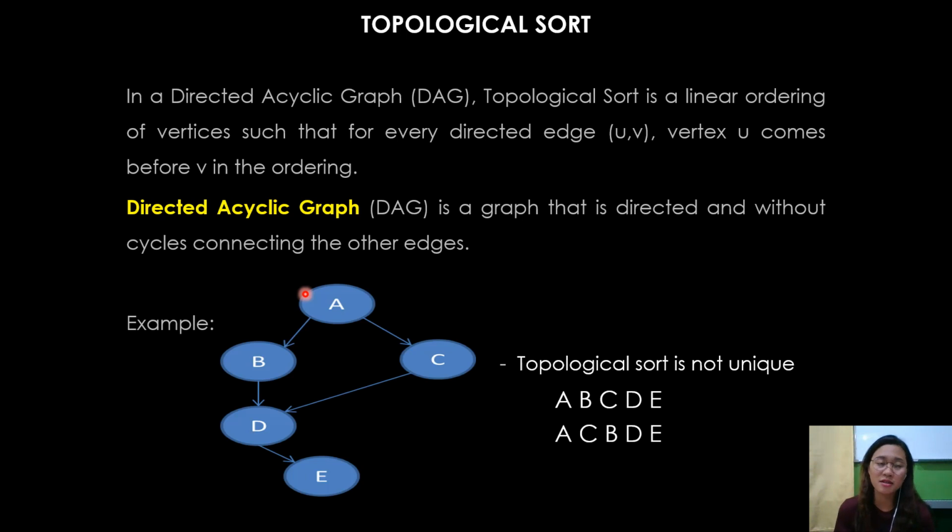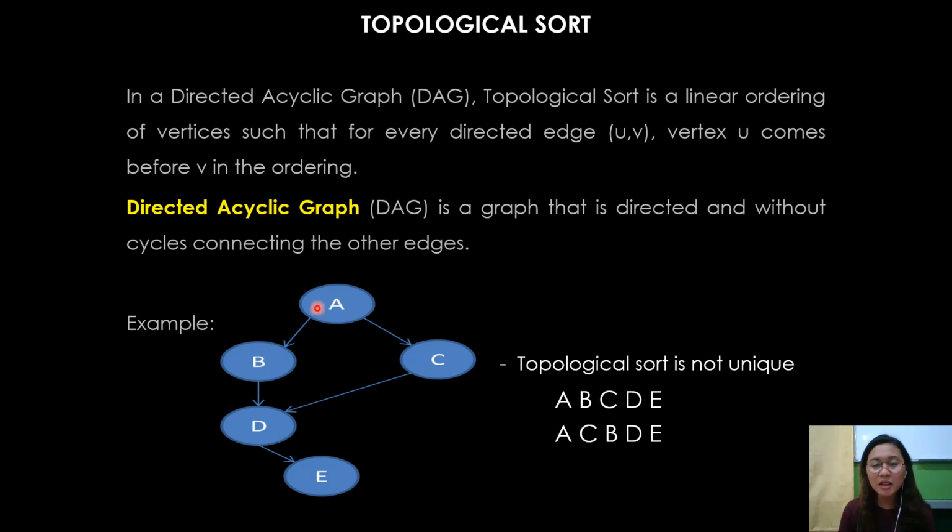Let's take an example. So this is a sample of a directed acyclic graph. We have 5 vertices here: vertex A, vertex B, vertex C, vertex D, and vertex E. Topological sort is not unique. The topological order for this graph can be one of these.